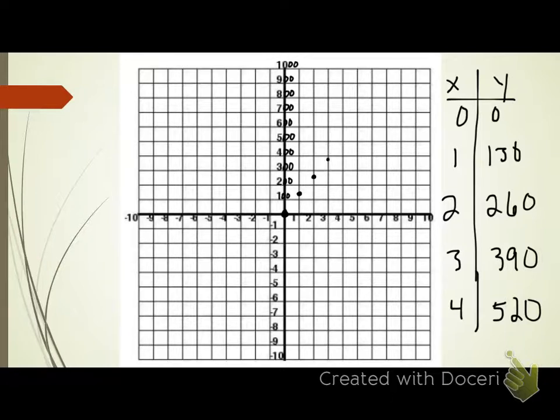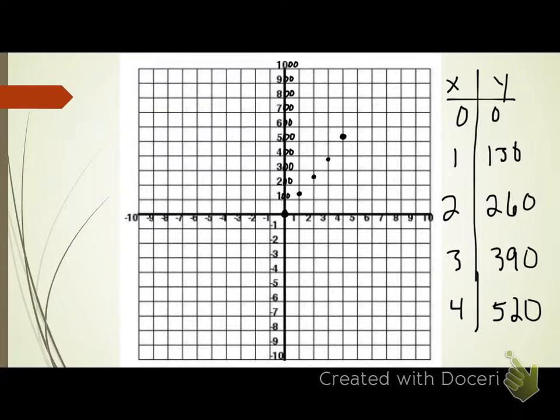And 4, 520 would be about there. So there's my ordered pairs all graphed.